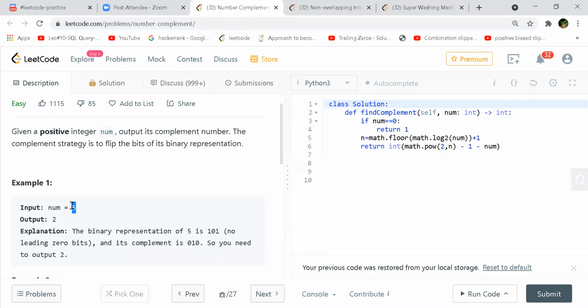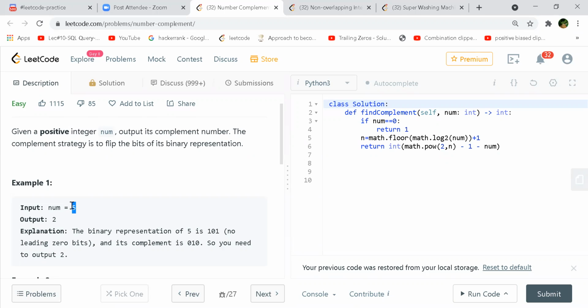But then, if you flip all the bits, like in the case of 5, you won't get 2 just like that, because the previous bits which are already 0 in a 32-bit representation will all become 1. So that we need to avoid. For that, you are doing line number 5, right?